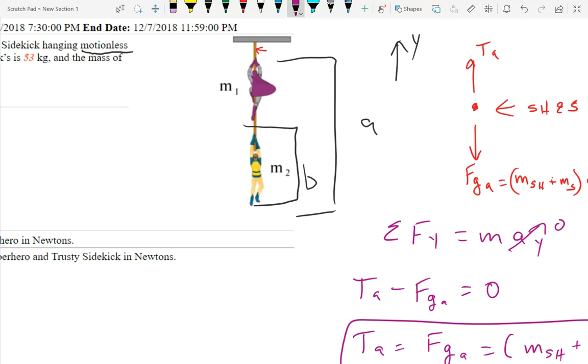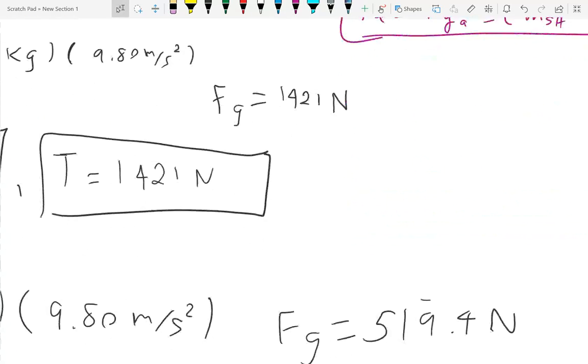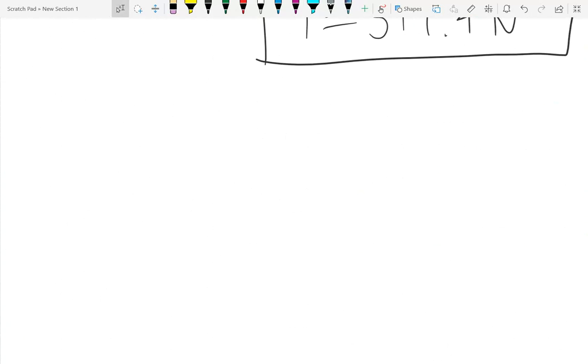I'm going to talk about the big collapse of the, was it Crown Regency Hotel in Kansas City? Because it had what I thought was going on here, but then I just realized that's one rope. So in that case, life is easier. The rope was pulling up on superhero with the force we just calculated. So we just look at, for part B, the trusty sidekick.